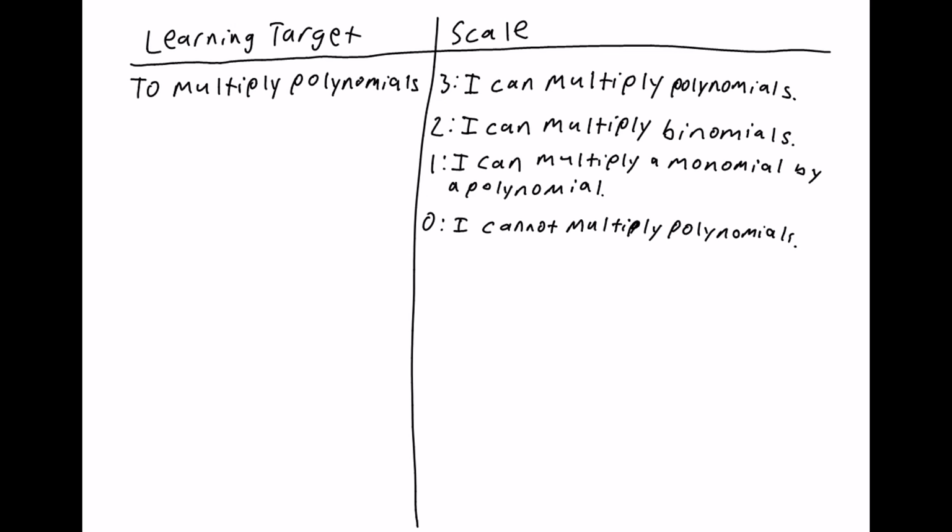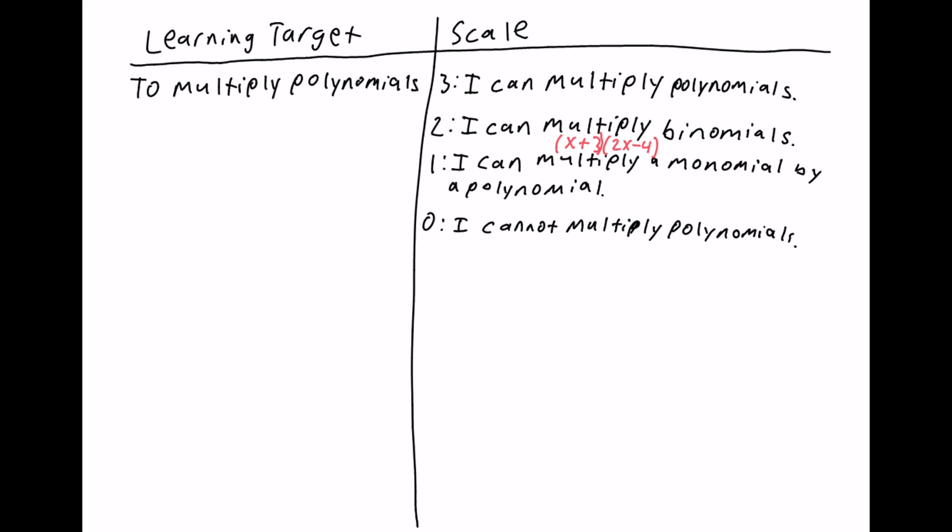Now, reminder, what's a binomial? A binomial is a polynomial with only 2 terms. So, say x plus 3 times 2x minus 4, as an example. You can do something like that. Polynomials would be any size.